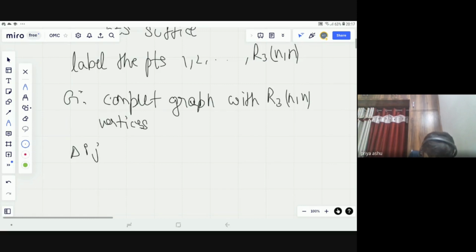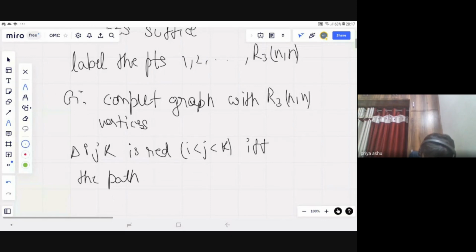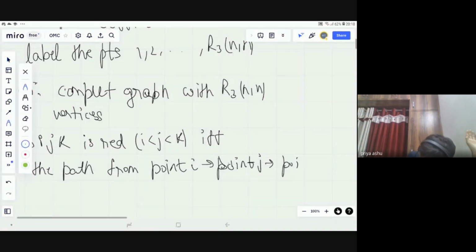The triangle IJK, with I less than J less than K, is red if and only if the path from point I to point J to point K and back to point I is clockwise. Point I is the point labeled I, not the vertex I. These are the points that we were labeling, and IJK are the vertices of our graph.